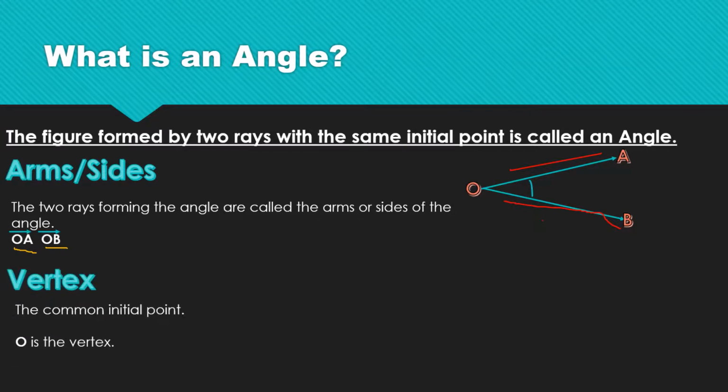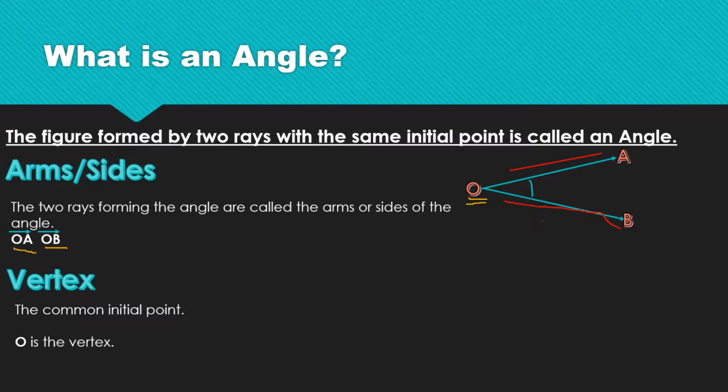What is a vertex? It is the common initial point, that is, the point on which the two rays join to form a corner. So here O is the vertex and OA and OB are the arms and sides.